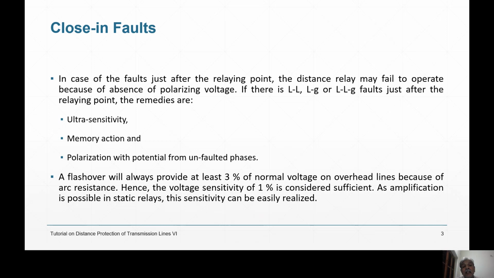In electromagnetic relays, what was there? There was a cup which was moving over a bearing. Bearing has some friction. So one has to cross over that bearing torque, one has to take care of that bearing torque.